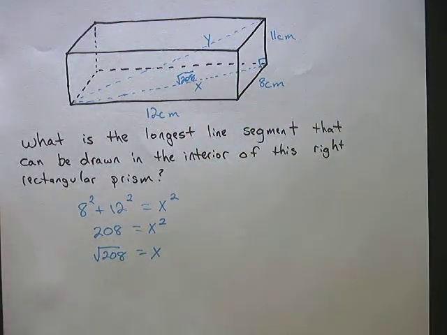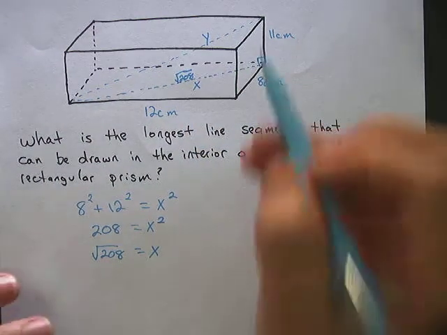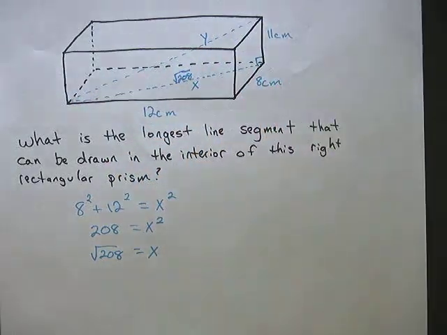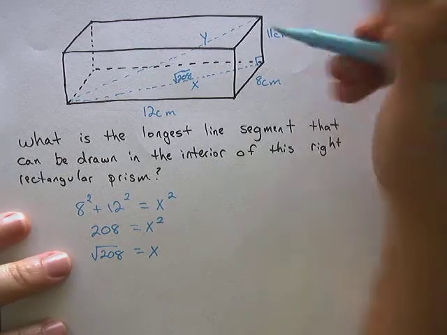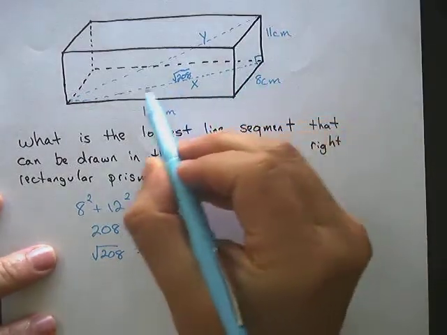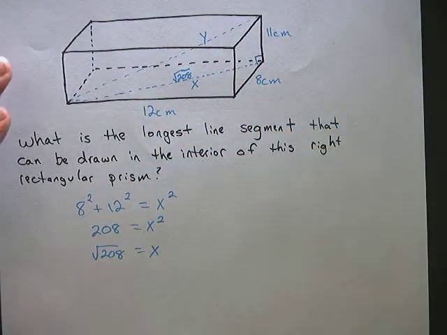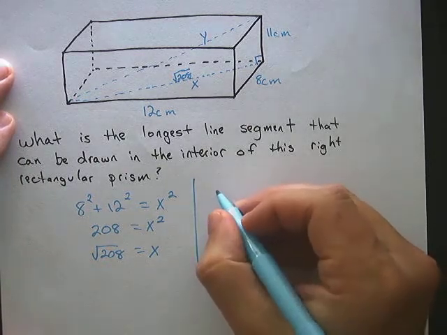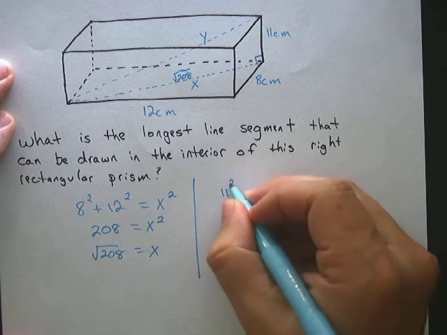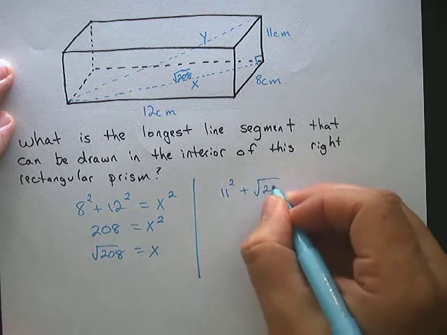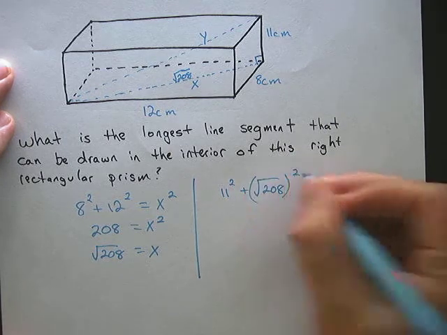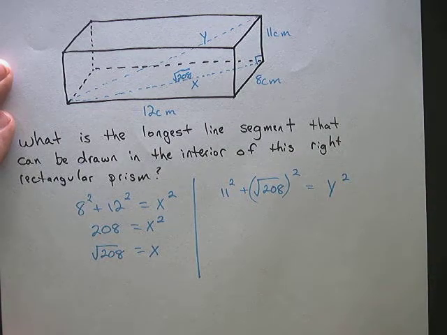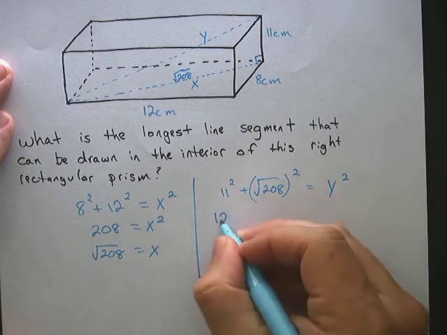Now that we have that diagonal, we need to find this diagonal that represents our longest line that can be drawn in here. We have the side, which is 11, the base, which is the square root of 208, and we have y. So we can use the Pythagorean theorem again. We'll say 11 squared plus the square root of 208 squared equals y squared. 11 squared being 121.